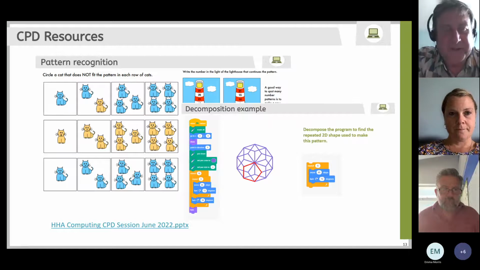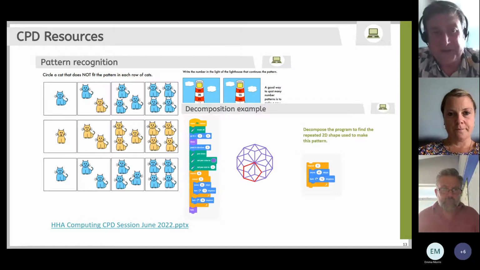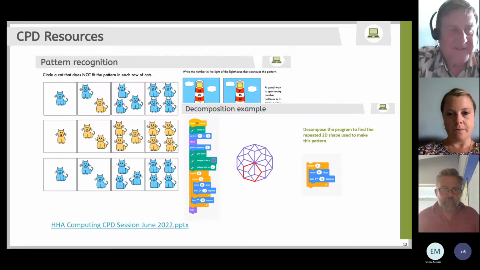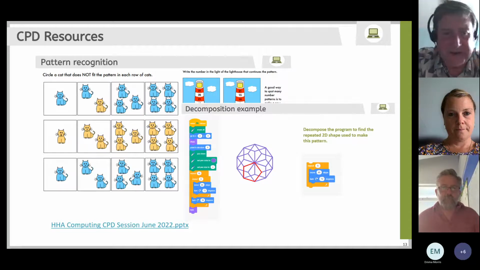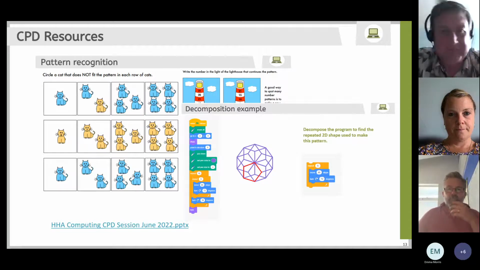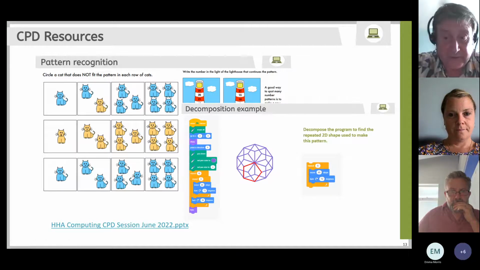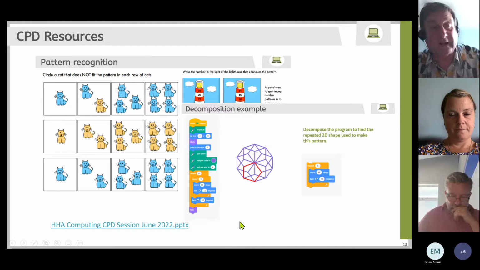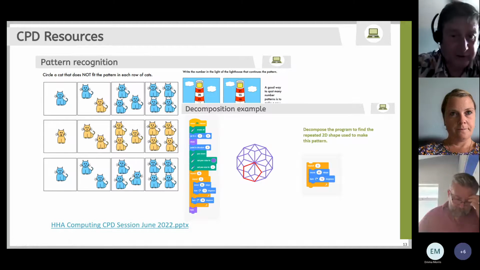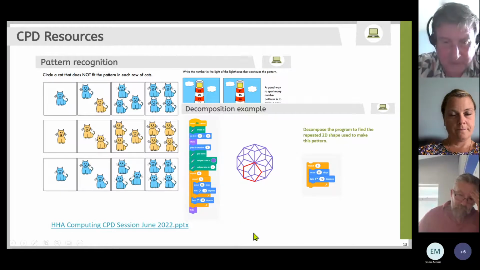So, doing computer science without a computer, there are quite a lot of activities you can develop to build all those core skills of pattern recognition, logic, decomposition, building algorithms, etc. I'm just highlighting that as a resource for you, and you can download the slides I used there. And if you've got any questions about it, then obviously you can follow up afterwards.